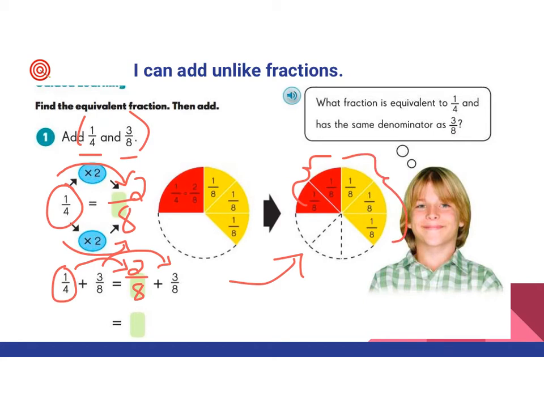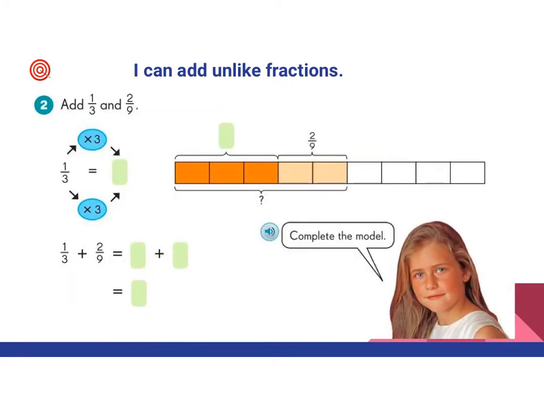So that's showing us that once I've got those like fractions, all I need to do is add the numerators. 2/8 plus 3/8 would give me 5/8. Now, is that in simplest form? Yes. I can't divide both 5 and 8 by the same number to make those numbers any smaller. So that is in simplest form.